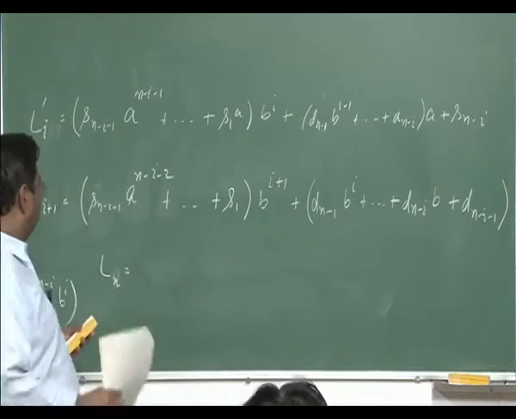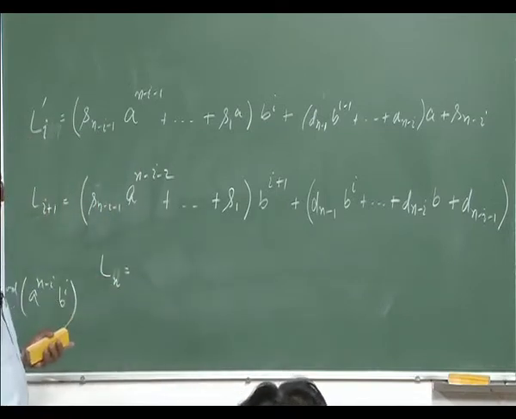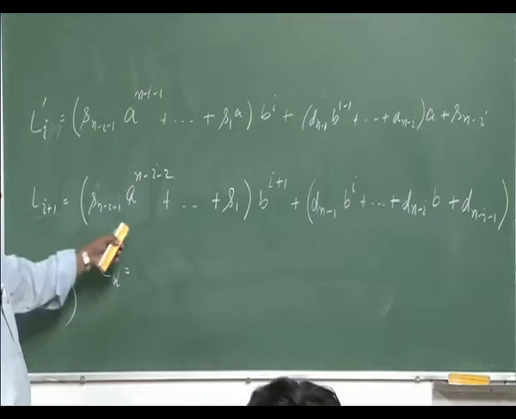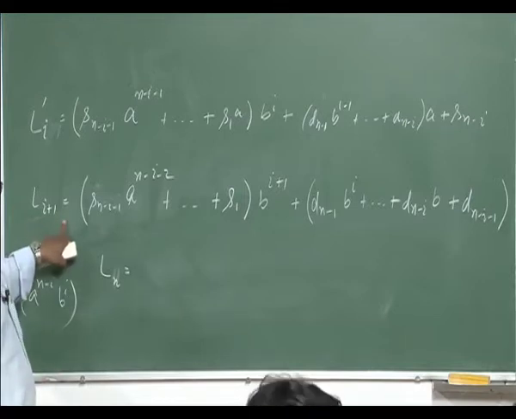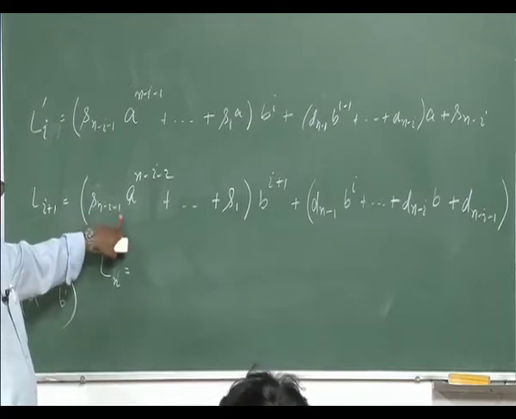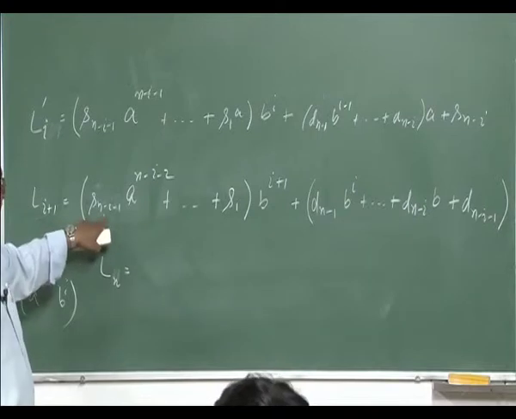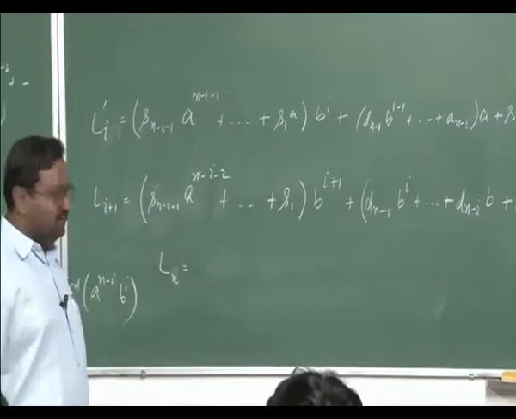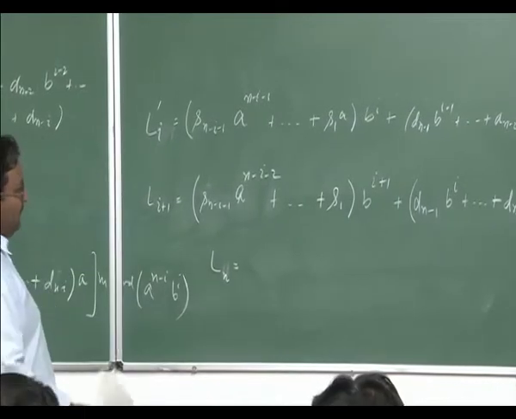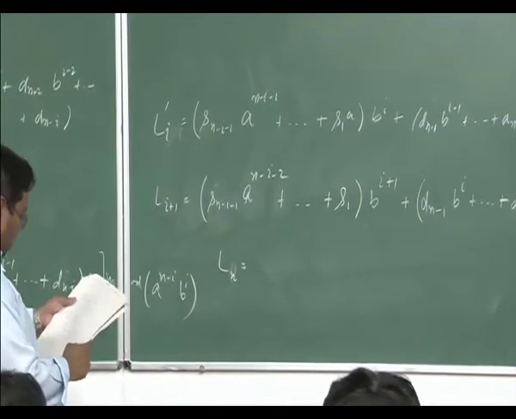So when I reaches n, all these terms will actually go away. This is for I plus 1, remember. So n minus I plus 1. So when I am looking at n, that will be s0 a raised to some power, and that is how it should actually come. In fact, that term will not be there.